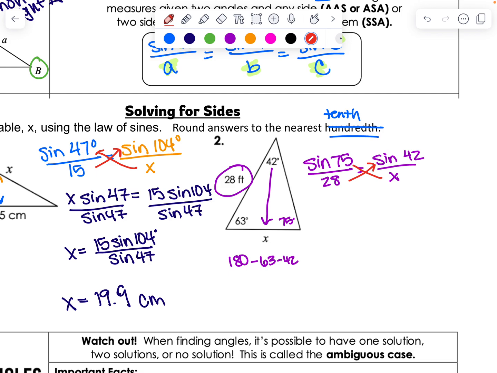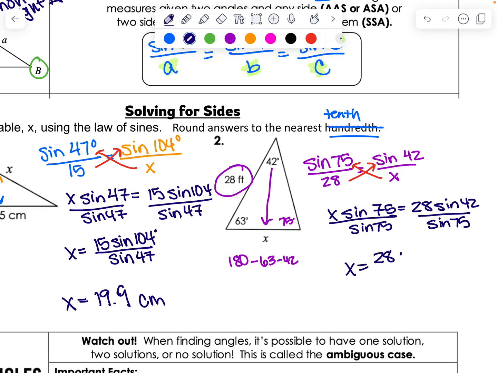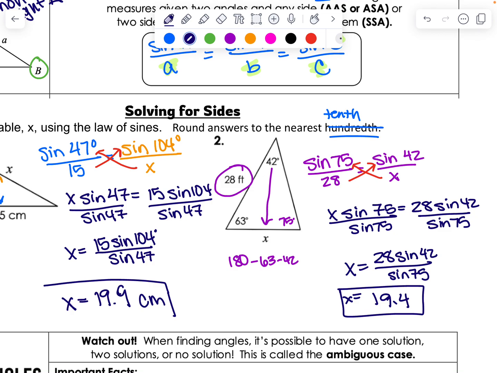So again, cross multiply and solve for x. And you should get x equals 28 sine of 42 over sine of 75, which gives me 19.4. So we can solve for those unknown side lengths using the law of sines.